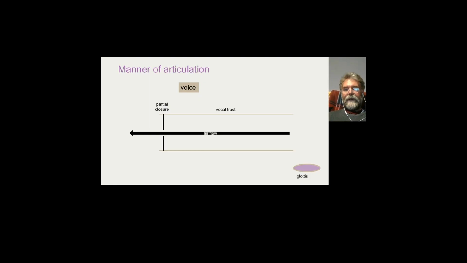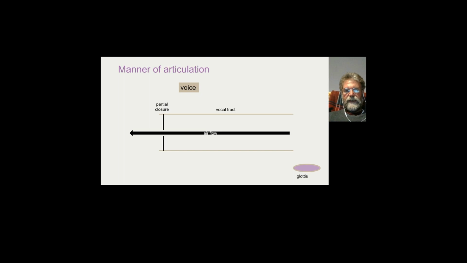Now you can do that at the same time as producing a fricative. It requires air to flow through your glottis in order for you to be able to vibrate it, but that's obviously what's happening with a fricative. You are releasing air through this small gap.